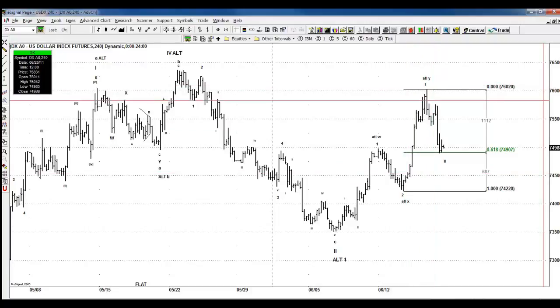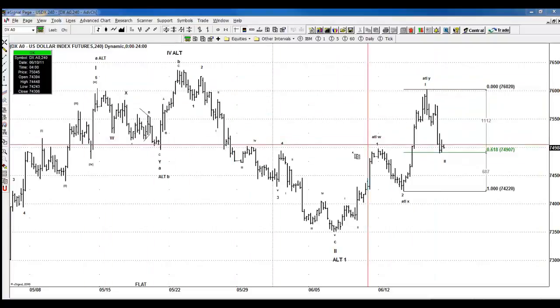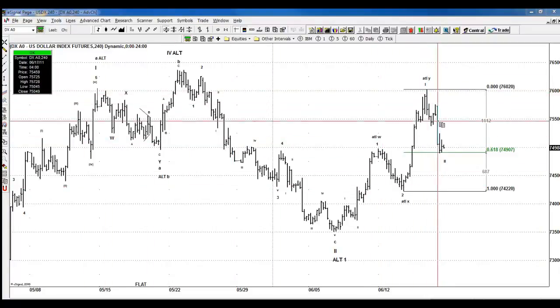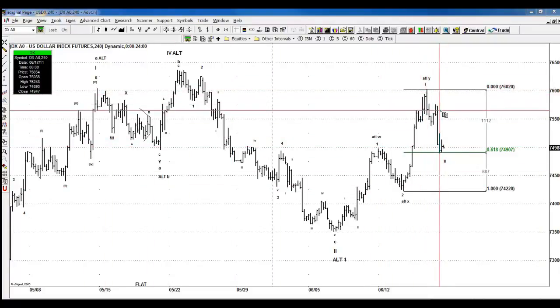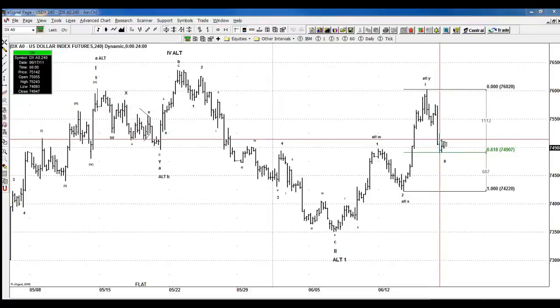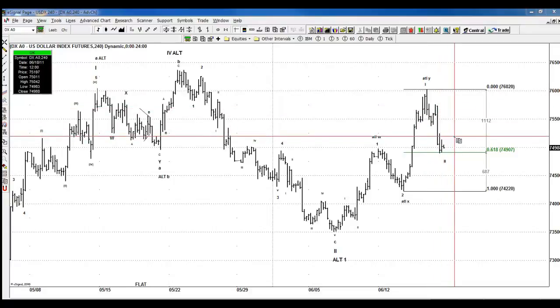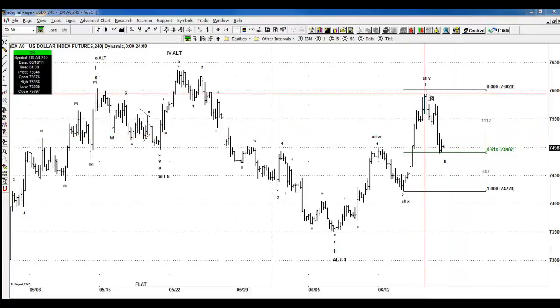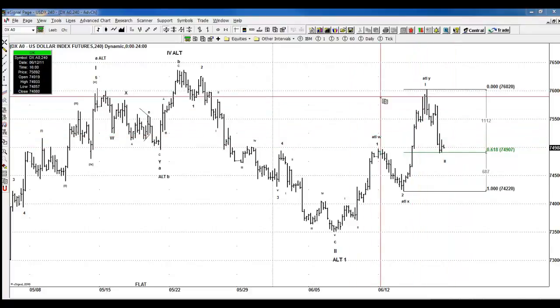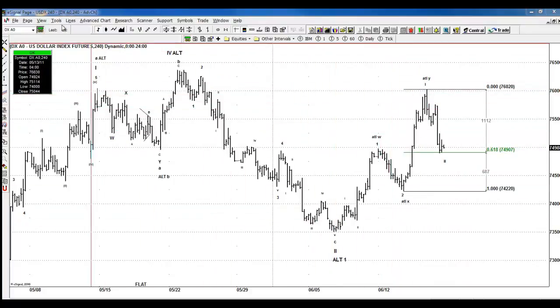What matters now technically is this part right here. This candle is very powerful, but there is nothing technically that invalidates the bullish dollar count yet. So let's take a look at the short term, because this is a 4 hour.